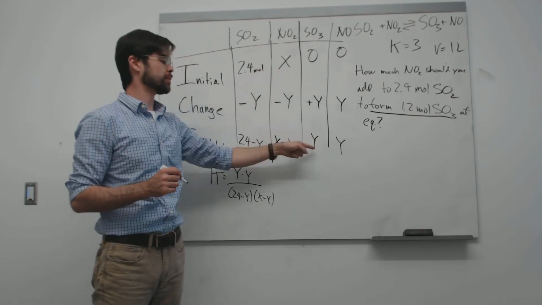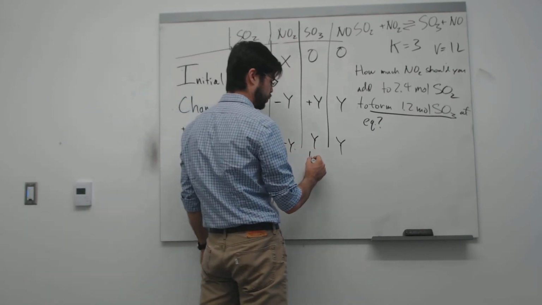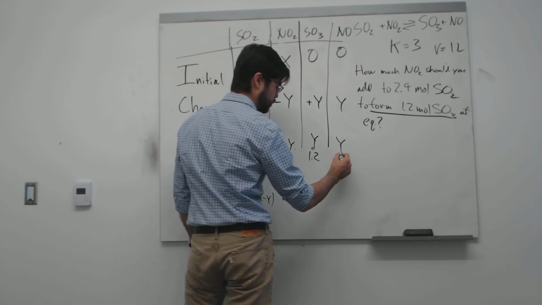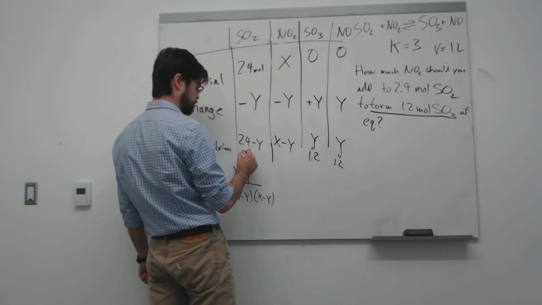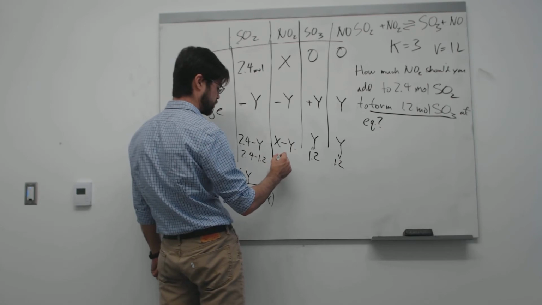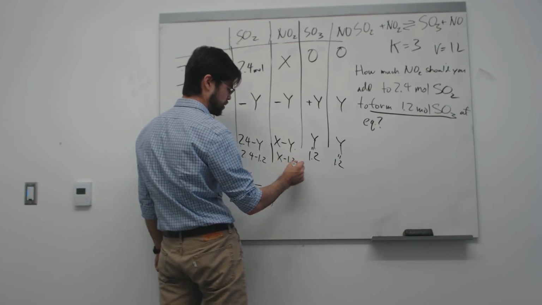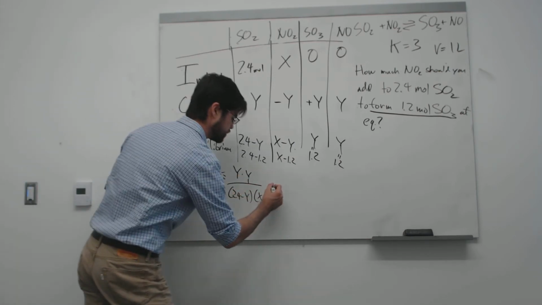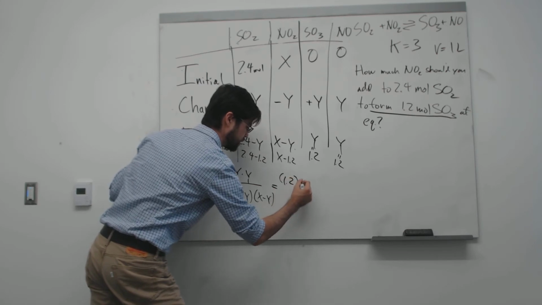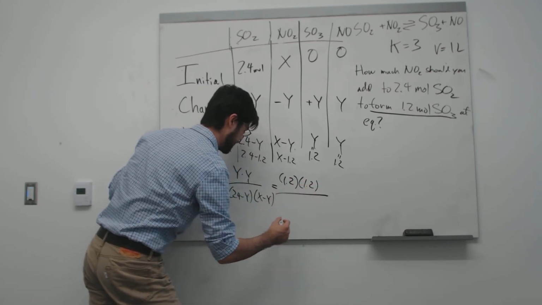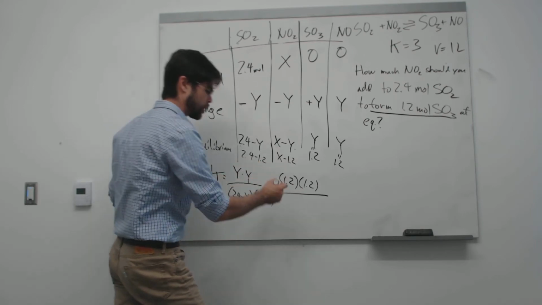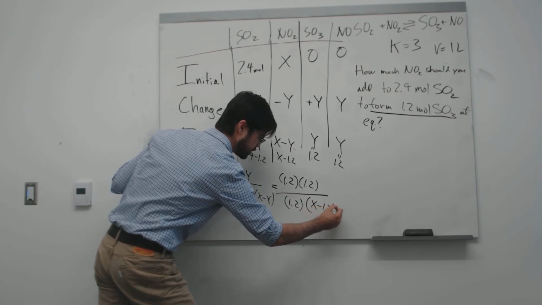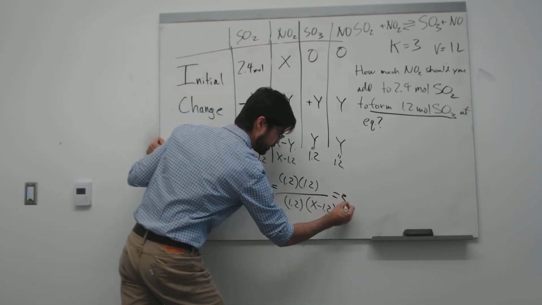So y is equal to 1.2. This is going to be 2.4 minus 1.2, and this is going to be x minus 1.2. When I substitute all these values in, I have 1.2 times 1.2 divided by 2.4 minus 1.2, which is 1.2, times x minus 1.2, all of that equal to 3.